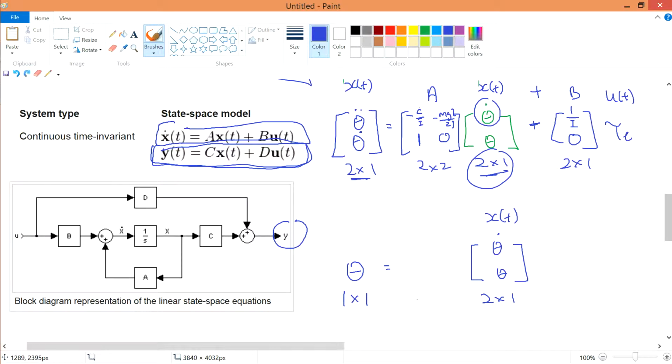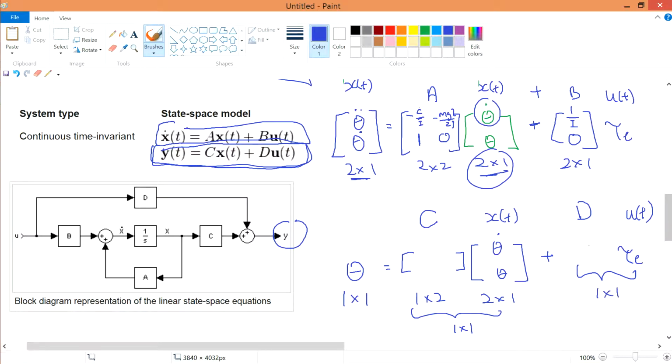We introduce a 1 times 2, so 1 row times 2 columns, plus, because we have a ut over here. Ut in our case is actually te, so I'll simply write te over here as ut. This matrix is C, and this is the D. This whole thing is 1 times 1, so this is just a number.